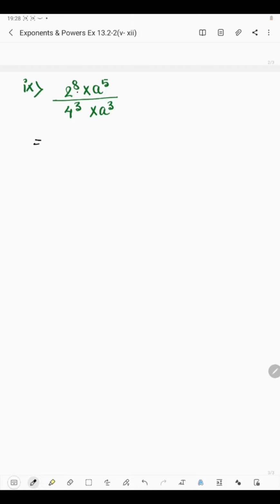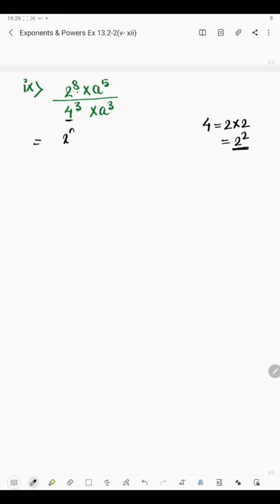Here all are in exponential form, but in case of 4 to the power 3, 4 is not a prime number. So we will write it as a prime number. We know that 4 can be written as 2 into 2, which means it can be written as 2 square. So everything will remain the same, only in place of 4 we will write 2 square.